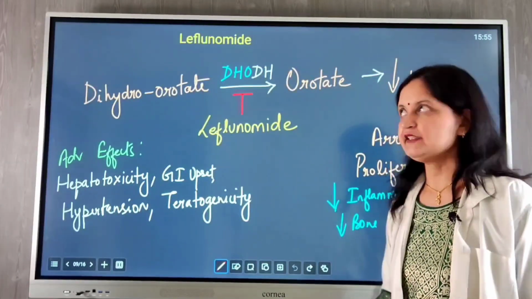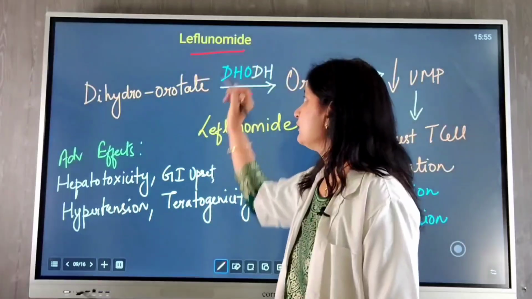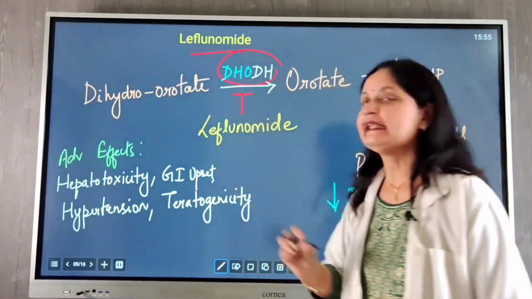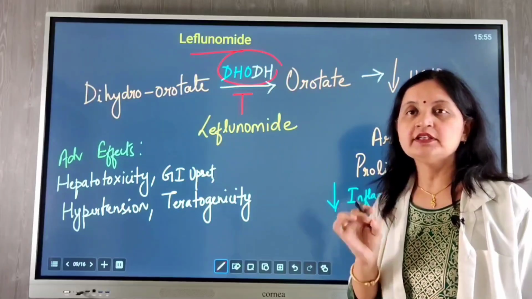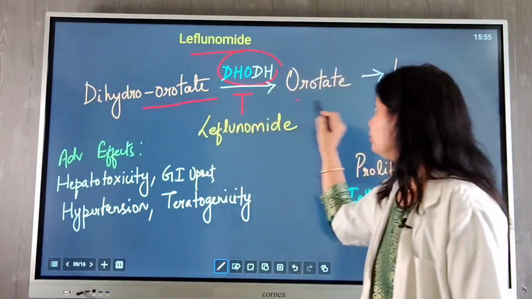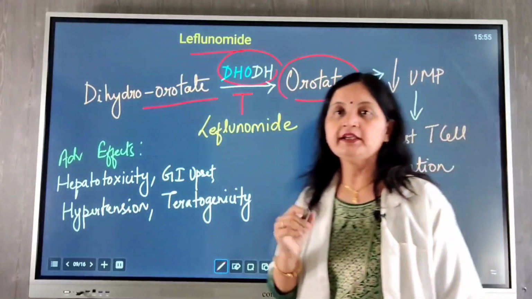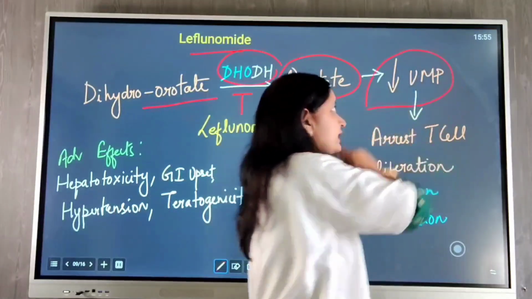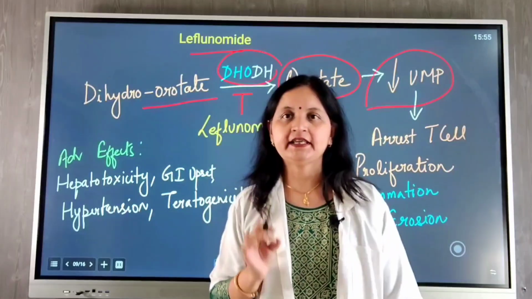Now moving on to the next drug, that is leflunomide. This is known to inhibit an enzyme known as dihydroorotate dehydrogenase enzyme. So this enzyme is responsible for the conversion of dihydroorotate to orotate, and orotate is responsible for the formation of UMP, which is a precursor for the synthesis of DNA and RNA.